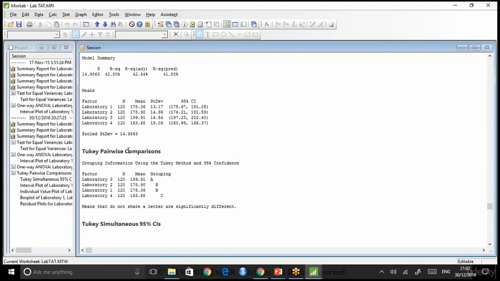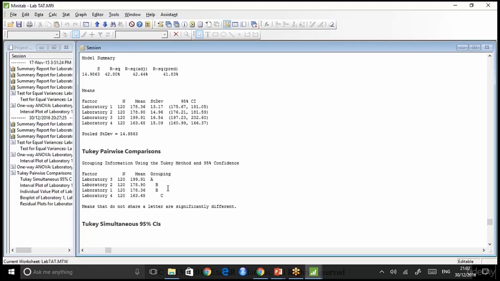So here within the Tukey pairwise comparison, the average transaction time of laboratory 3 is completely different from laboratory 4. But the average transaction time of lab 1 and 2 are very similar. Now, how do you know that?